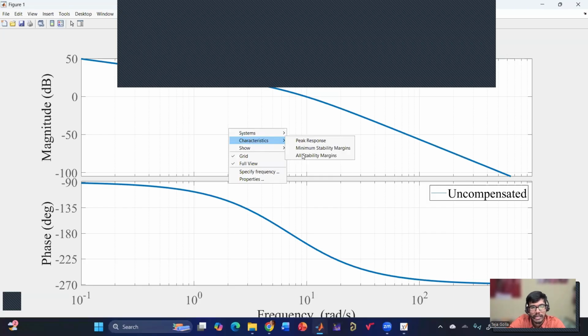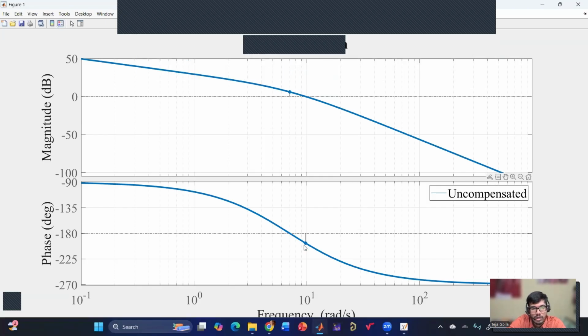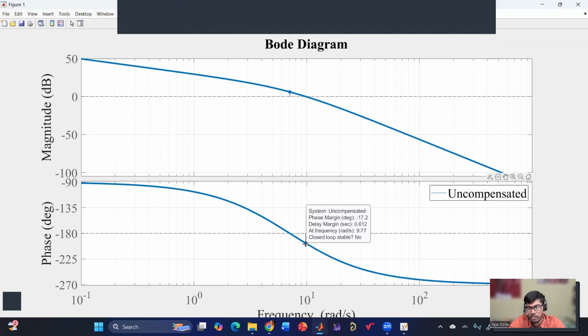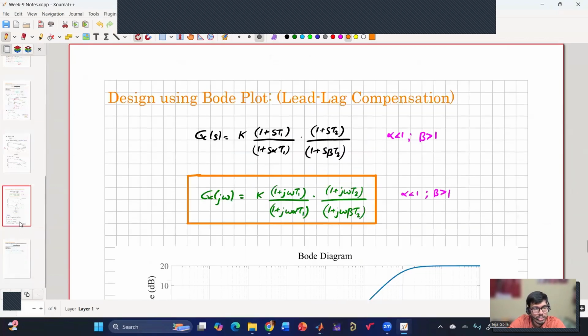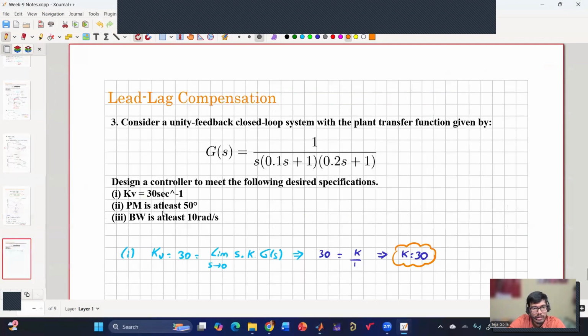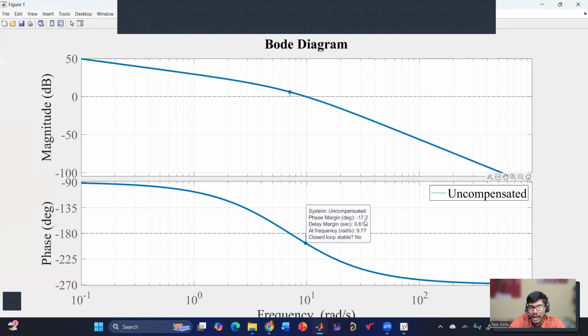Okay, so this is my uncompensated plant multiplied by gain. This is the phase margin, which is minus 17.2. And then how much do I need in the question? In the question, I need 50. So 50 plus this additional 17.2, that is 67.2, plus some 8 degrees I consider, say 75 degrees is the phase margin.